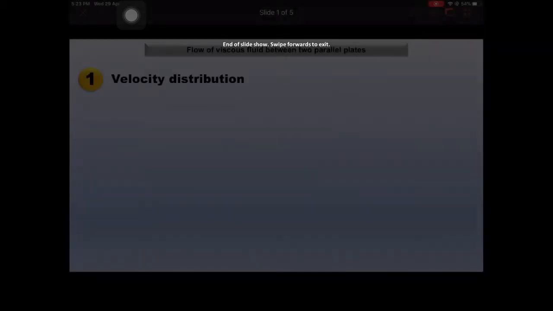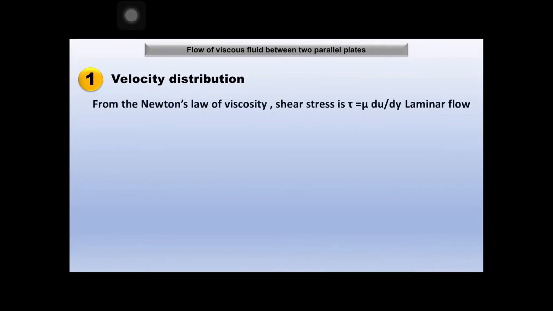Let us proceed with the first parameter, that is velocity distribution. As we know from Newton's law of viscosity, the shear stress tau is directly proportional to the velocity gradient, and it is represented by this equation, that is tau is equal to mu into du by dy. Since this viscous flow is a laminar flow, this law will also be applicable to this kind of flow.